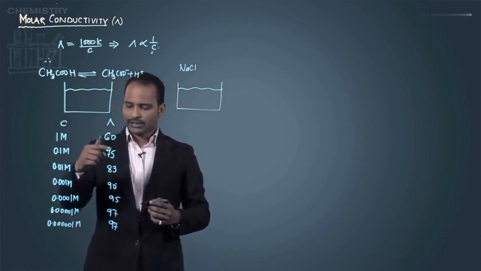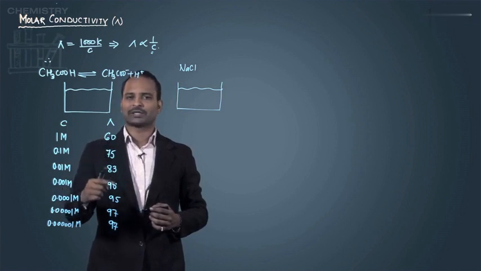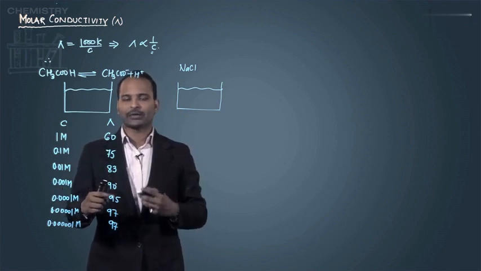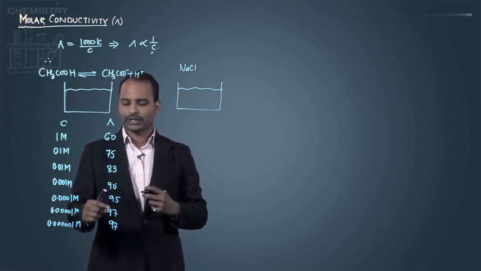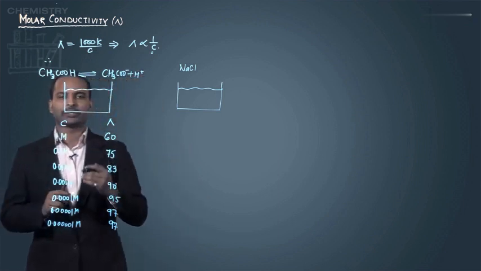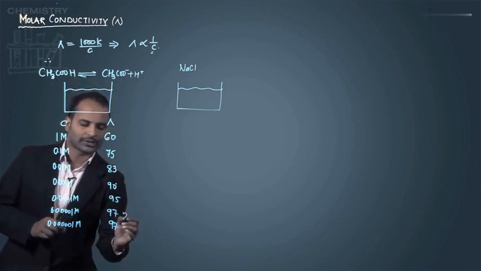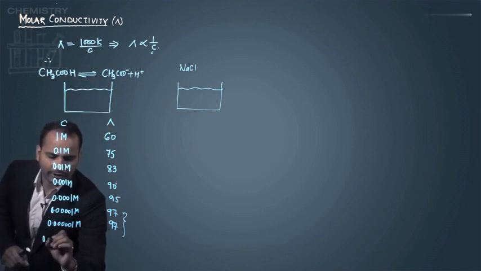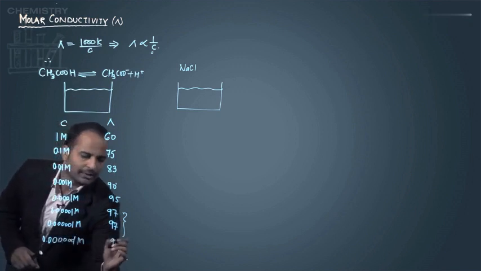But after a certain dilution, you can see that the lambda value increases, but the increase goes on decreasing. That is, the increase is small, and ultimately after a particular number of dilutions, lambda value becomes constant. After this, if you dilute more, the value will remain 97 only.